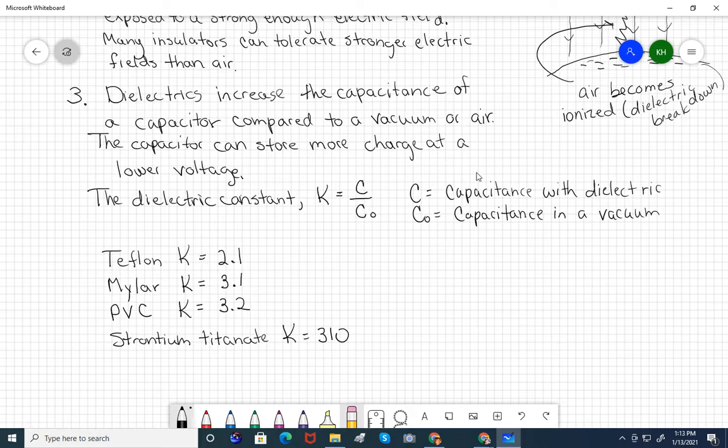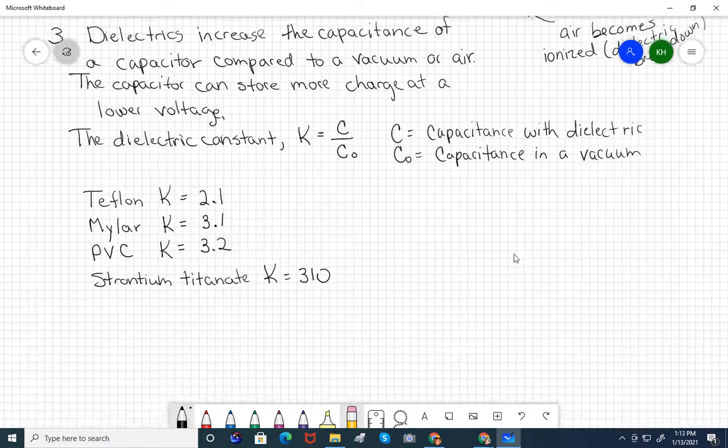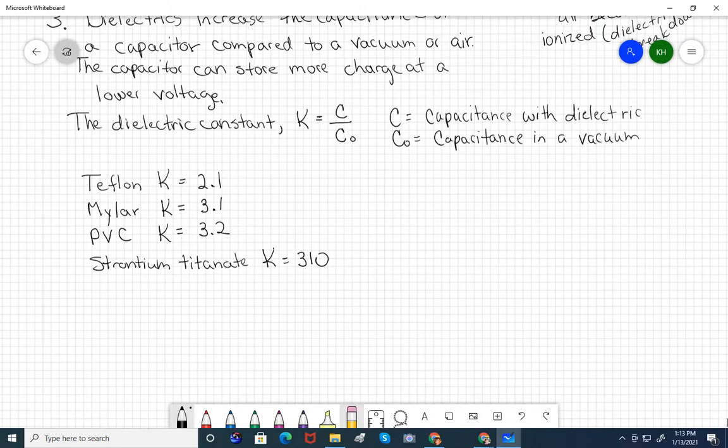So why does putting in a dielectric allow it to hold more charge? Let's see what would happen. Let's think about a regular parallel plate capacitor. Here's the positive plate.